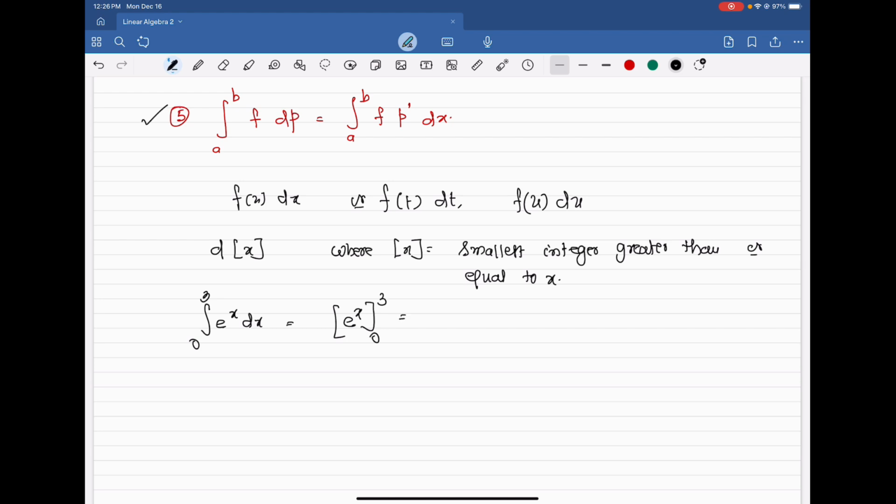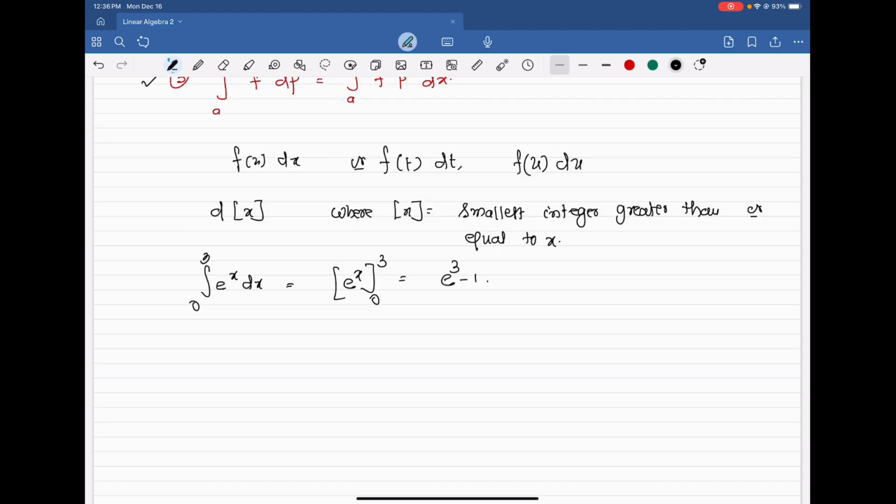Please understand and remember continuity. It's a continuous function. We have this value, then it will be e cube minus 1. This is the value.